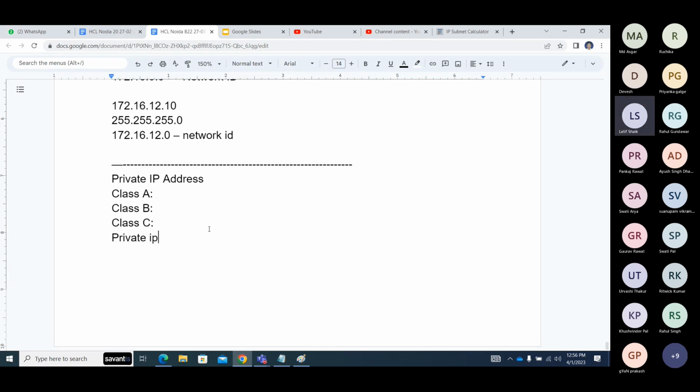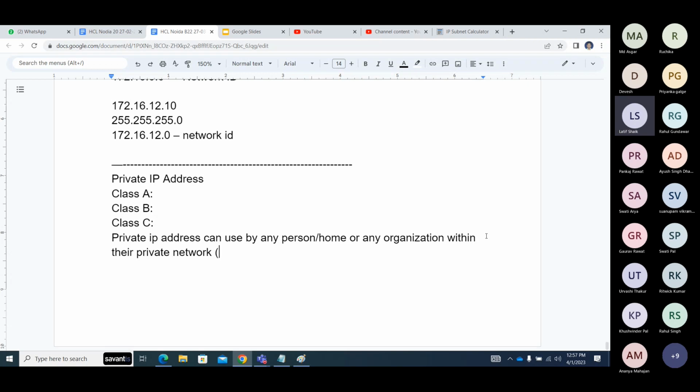Private IP addresses can be used by any person or any organization, such as a home, small office, home office, within their private network.